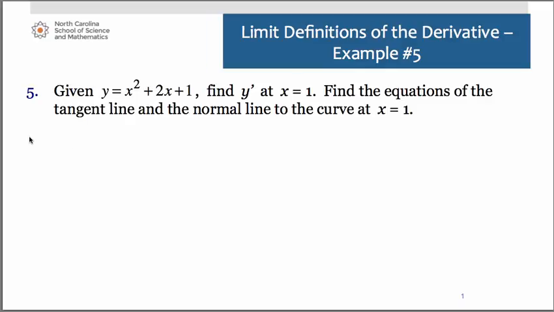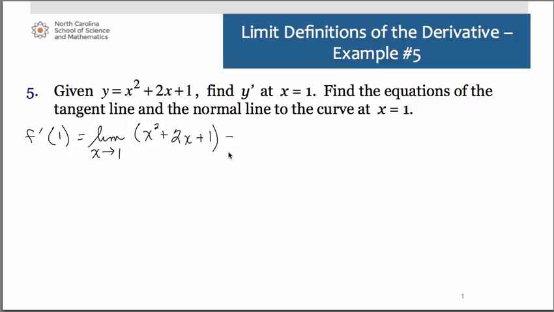So we are trying to find the derivative, and we can just call it f prime of 1 if you wish. So remember, this is the one that goes the limit as x approaches 1 of f of x, so the original function, minus f of c.